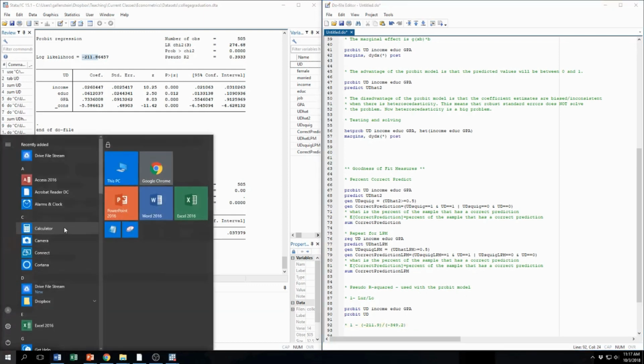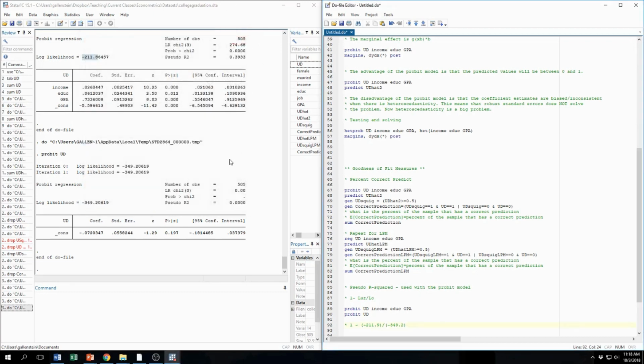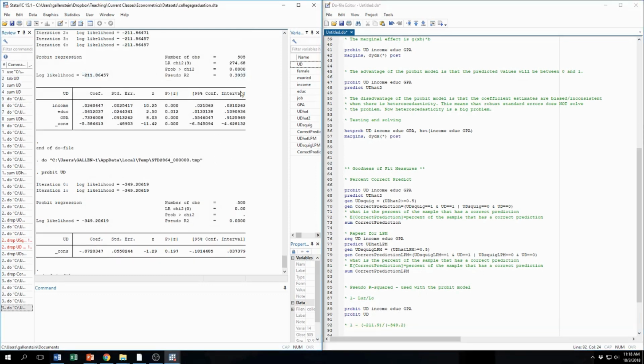Let's get the calculator out. 211.9 divided by 349.2 is 0.607. And then it's 1 minus that. 1 minus 0.607 equals 0.393. So now let's check that. That should be our pseudo R squared for our regression, 0.393. So our pseudo R squared is 0.393. That's exactly what we calculate.